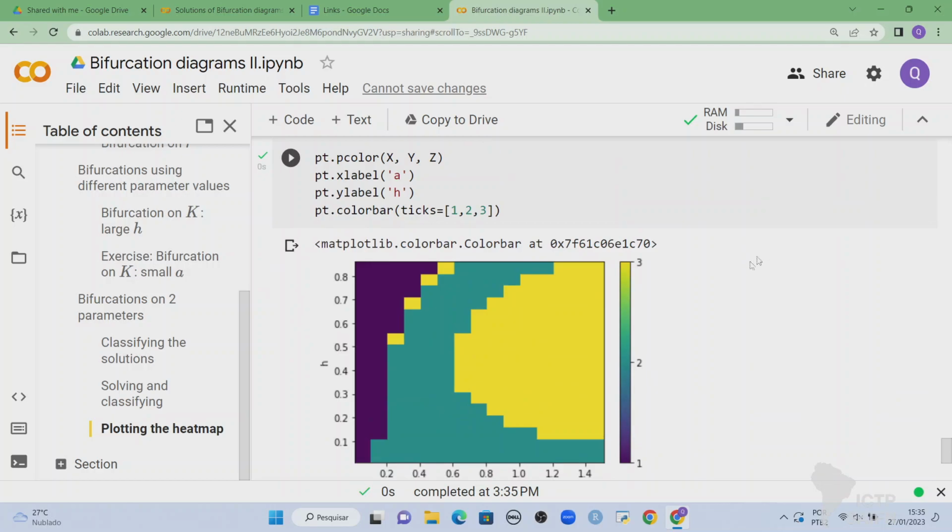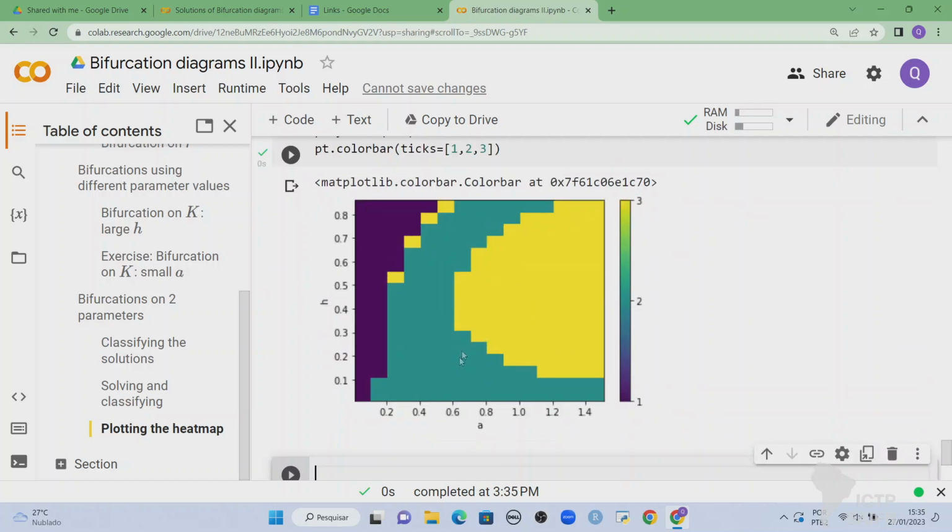Okay, nice. So you see that for small values of H, you have here extinction, okay? For small values of A, it doesn't matter much what the values of H are, I always get extinction, okay? As I increase the values of A, now for many values of H, I have fixed point. For some very small region here, maybe a single point actually, I have oscillations, okay?